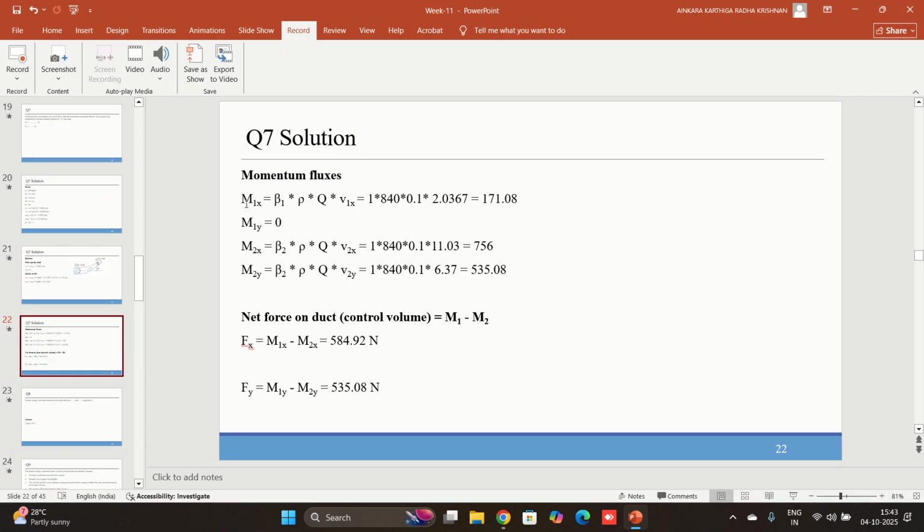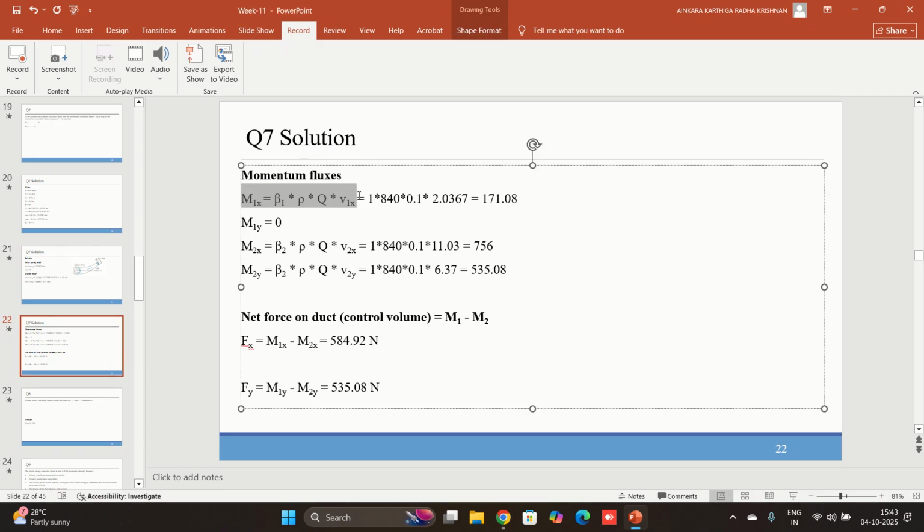Momentum flux is m equal to beta into rho into Q into V. We calculate in the x and y direction separately at the inlet and outlet sections. First at the inlet, the x component is 1 into 840 into 0.1 into V1, that is 2.0367, which gives 171.08.